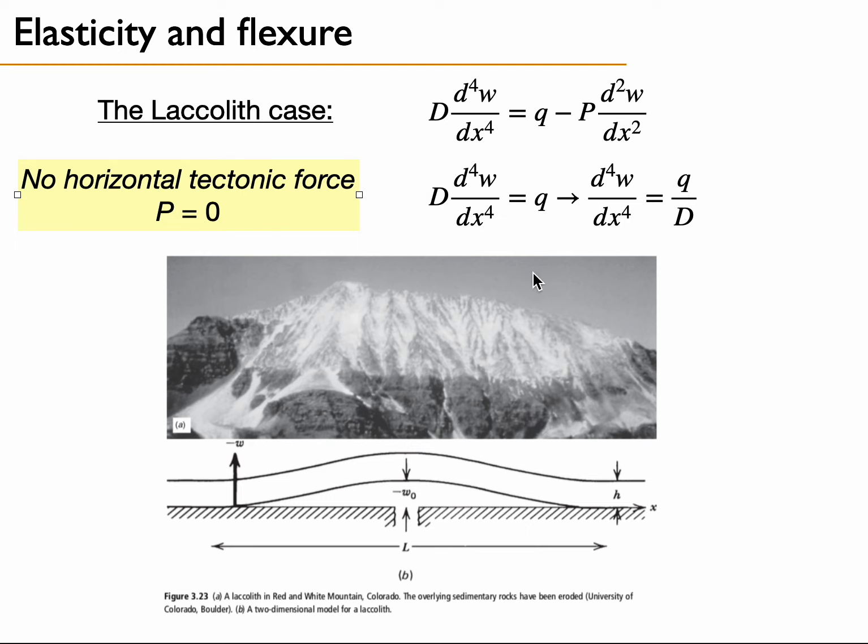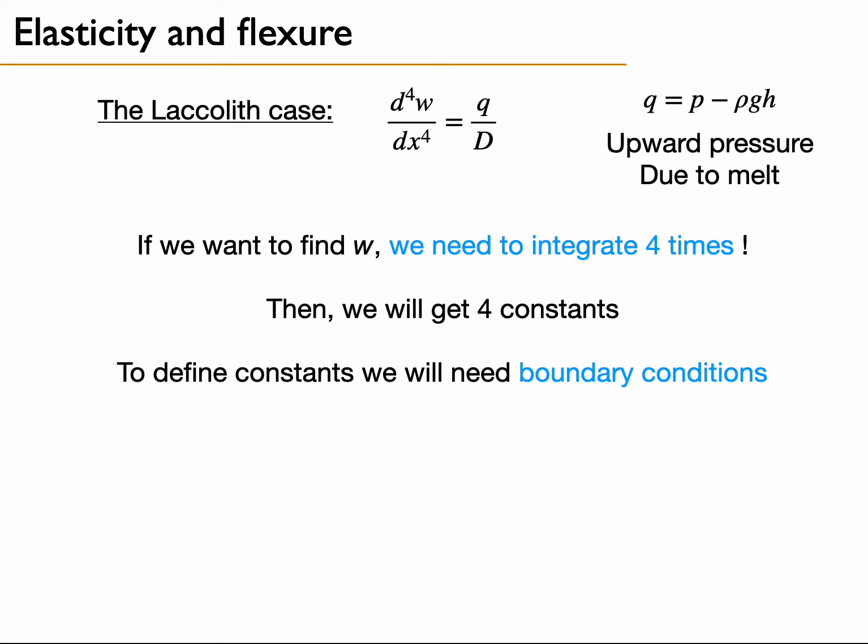Again, here you have the sketch of the model configuration. We have a rigid base here. There is a hole through which the magma is being intruded in the crust, and the plate here is being bent upwards. So again, we want to find W, so we need to integrate this equation 4 times.